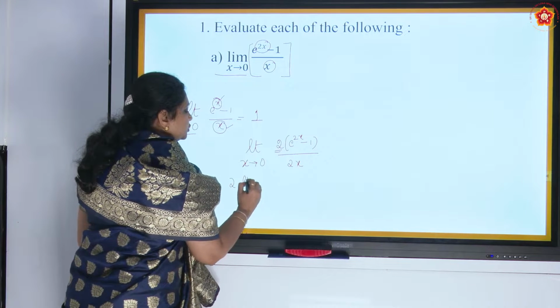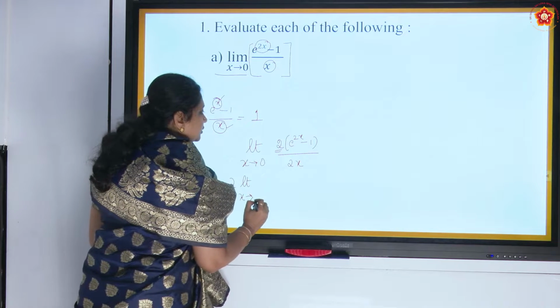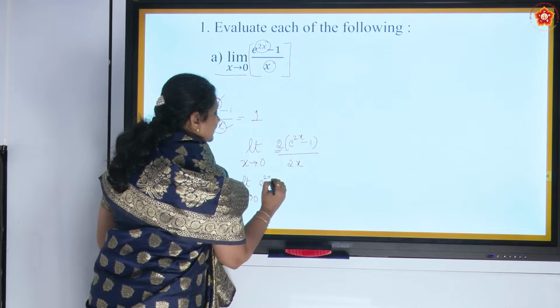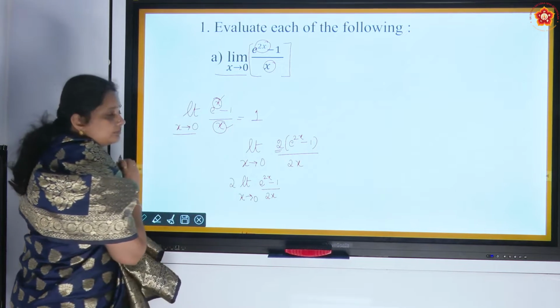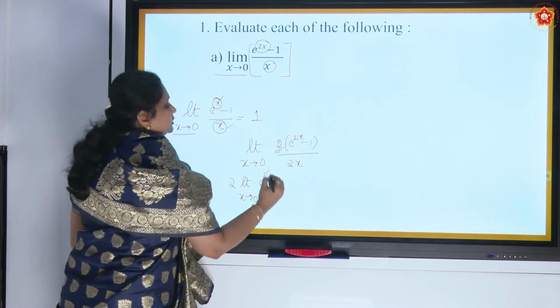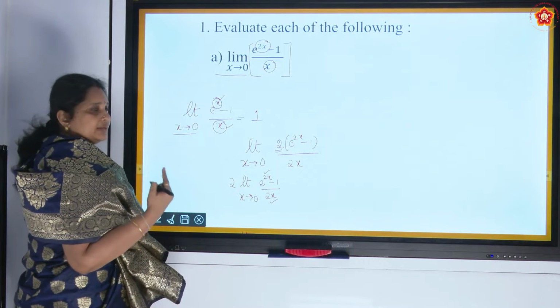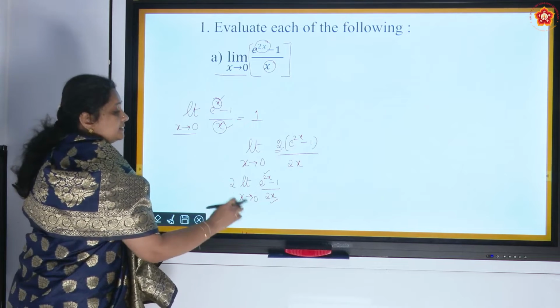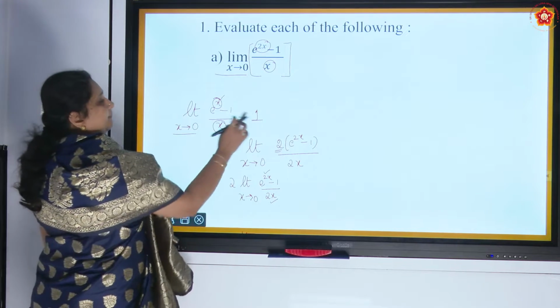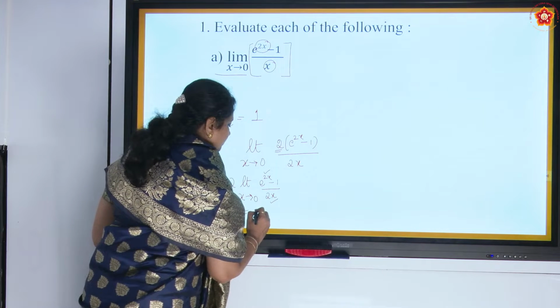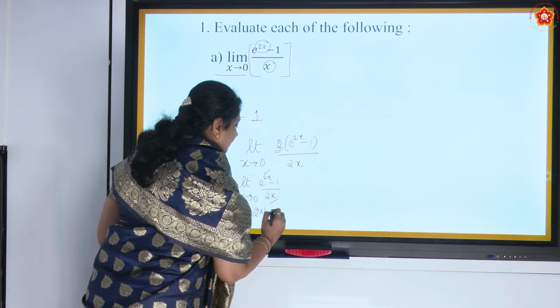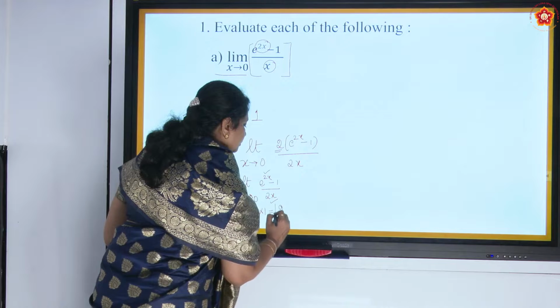I'm going to write it as 2 limit x tending to 0 e power 2x minus 1 by 2x. Is this of this form? Yes. This is also 2x, this is also 2x, and it is e power 2x minus 1 by 2x with the limit x tending to 0. So, now I can apply this and that is equal to 1, right? So, this is equal to 2 into 1 and I get a value of 2.